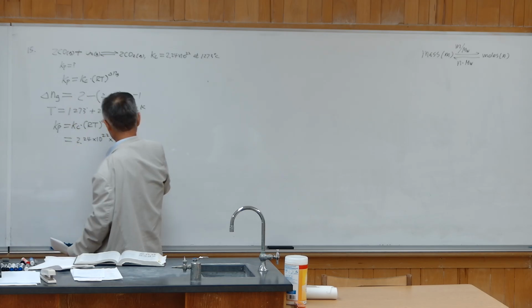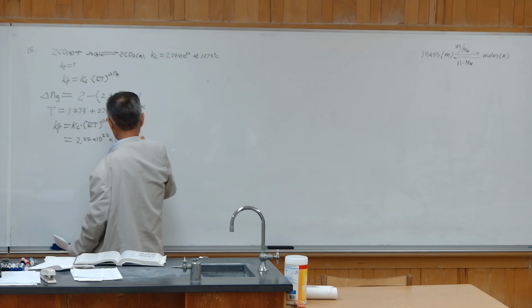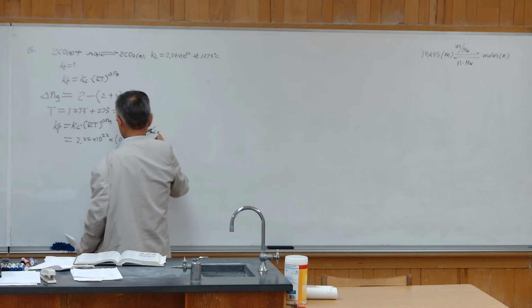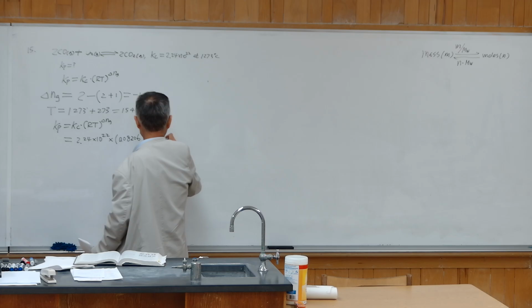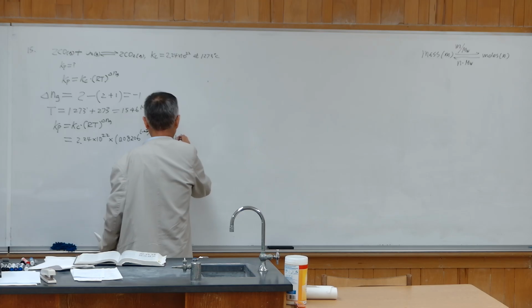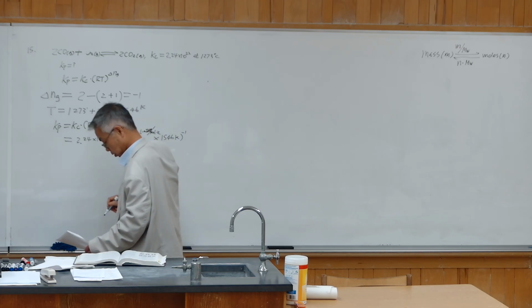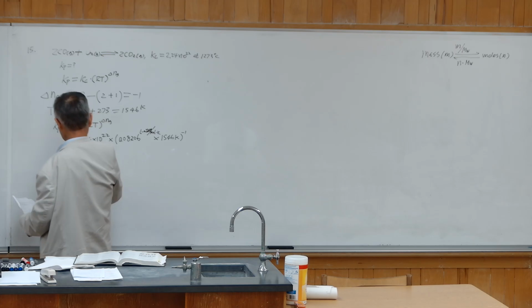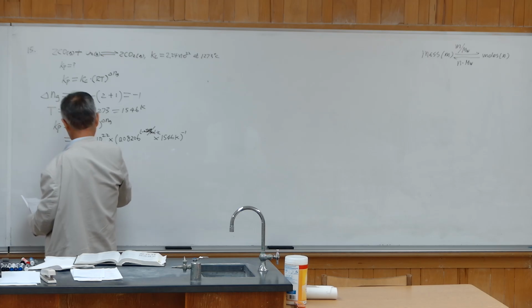We use 0.08206 liter atm per mole per K. Times T, which is 1546 K, raised to the -1 power. This gives us 1.76 times 10 to the 20th power.